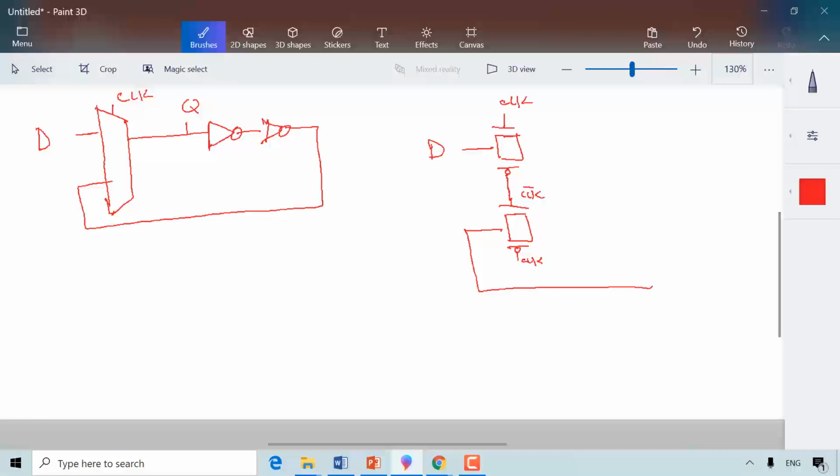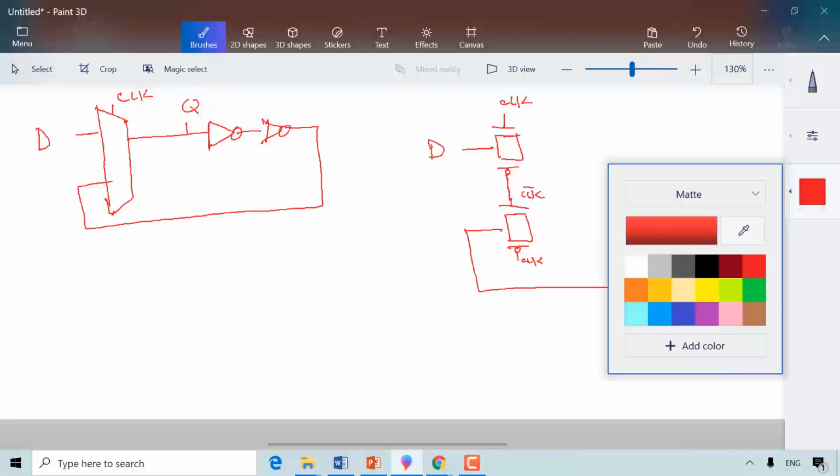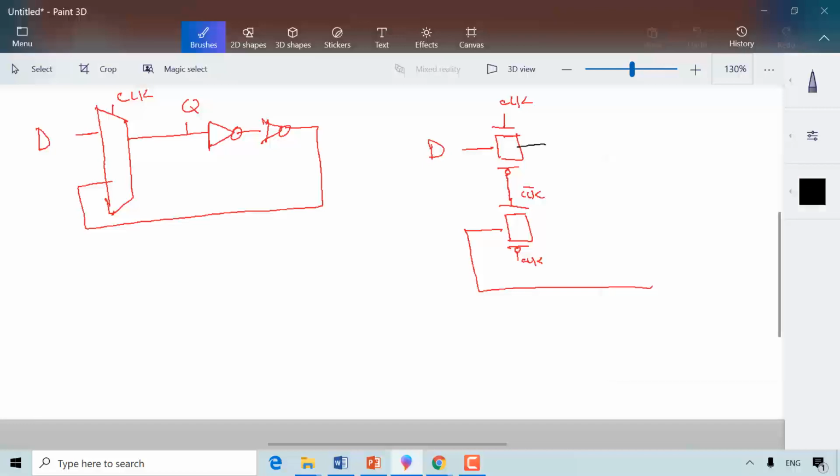Now the output of those, so this is the multiplexer so far. The output of this multiplexer goes to the first inverter, then the second inverter, and the second inverter gives the feedback. So this is the feedback here.